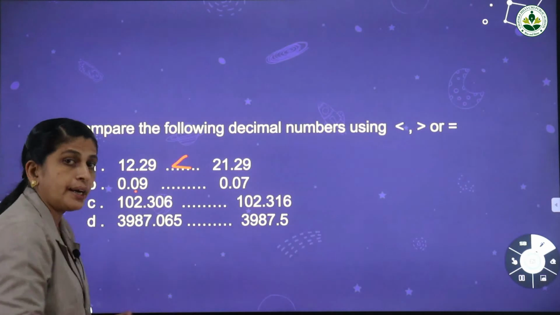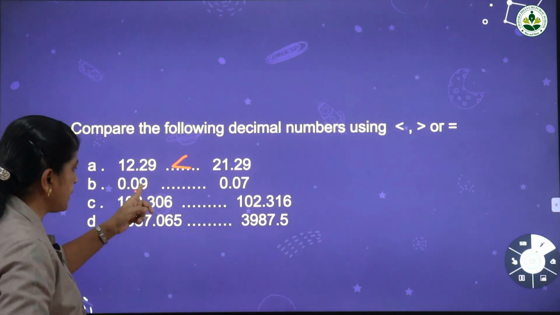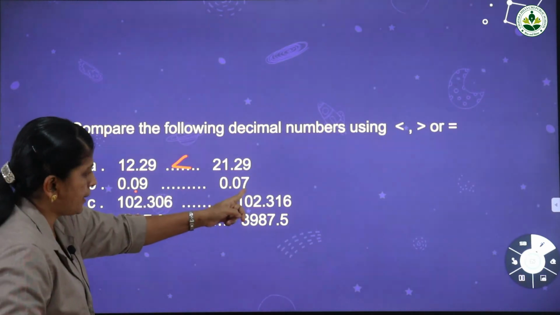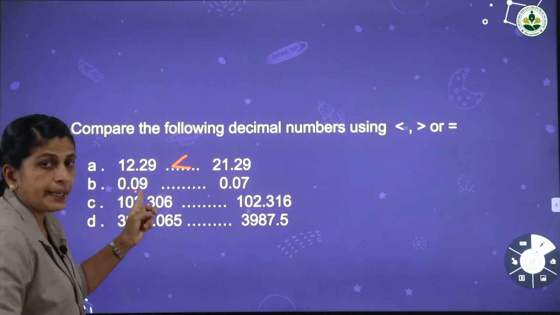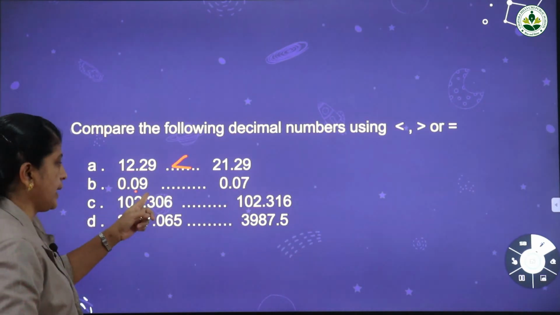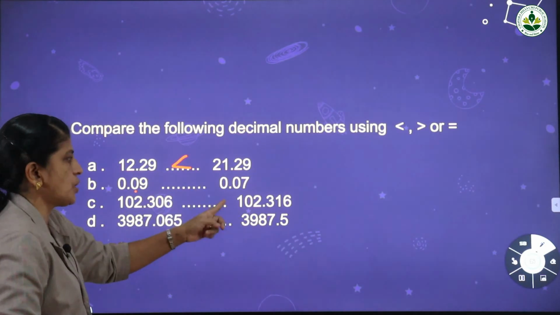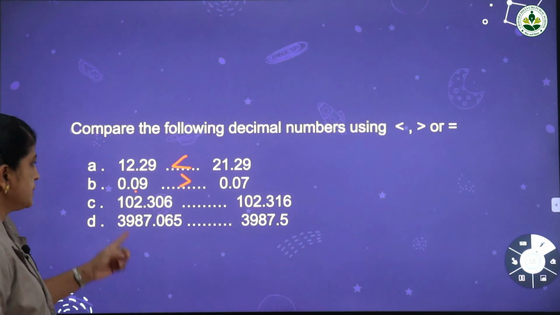Then look at the 100th place digit. For the first number it is 9. For the second number, the 100th place digit is 7. Therefore 9 is bigger than 7. That means 0.09 is greater than 0.07.